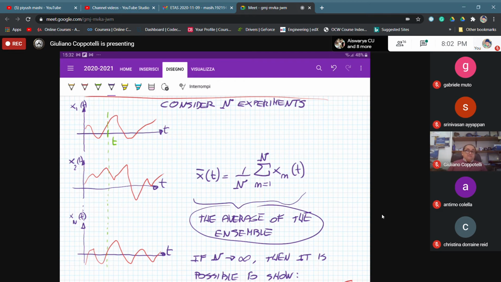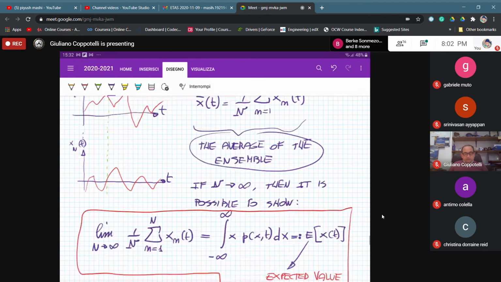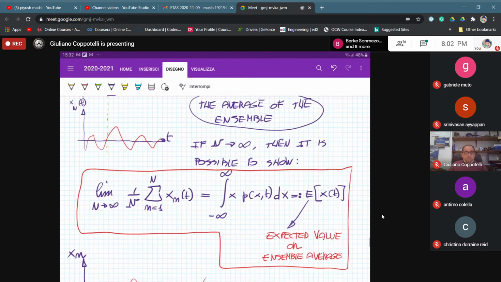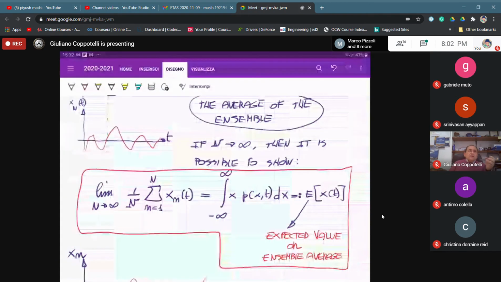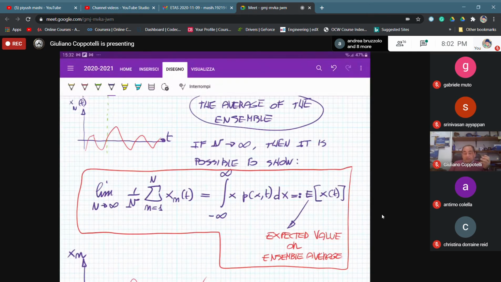If that is true, then the expectation value, the operator E, could be defined in this way, and therefore we could be very sure that your stochastic variable is represented by the probability density function.